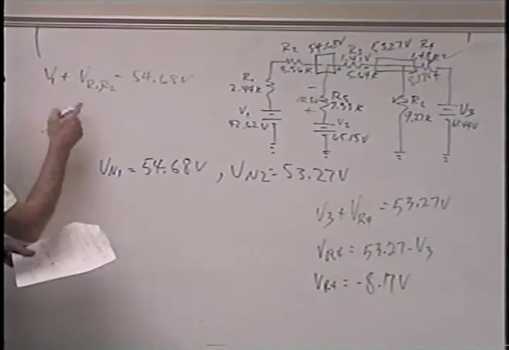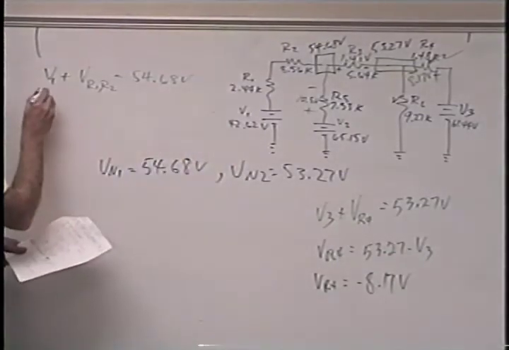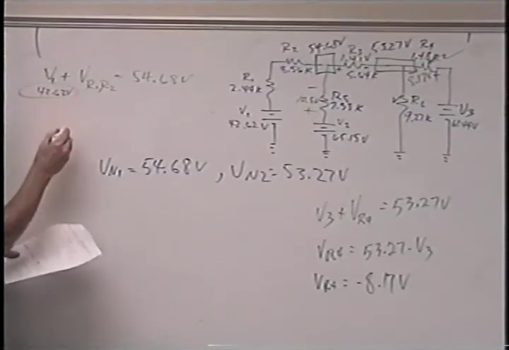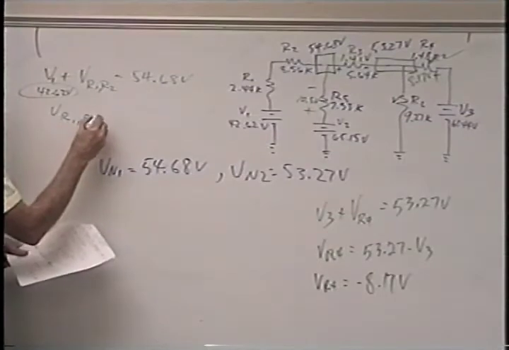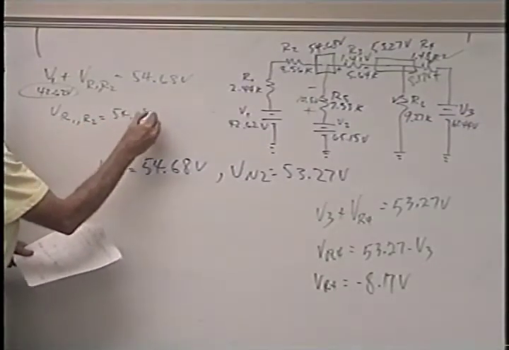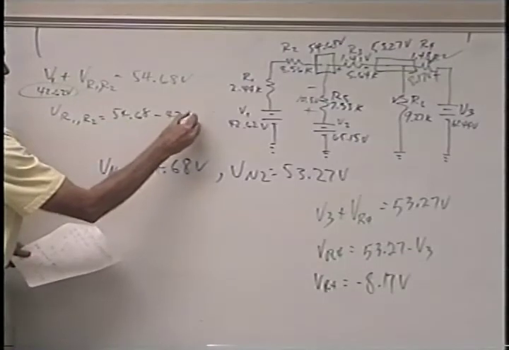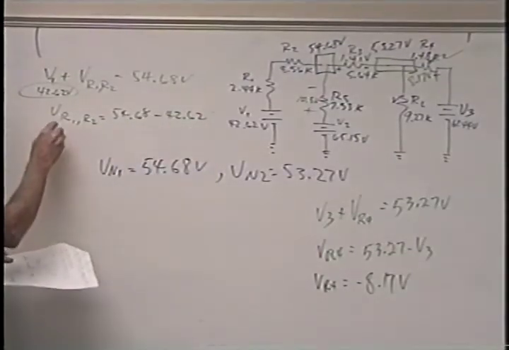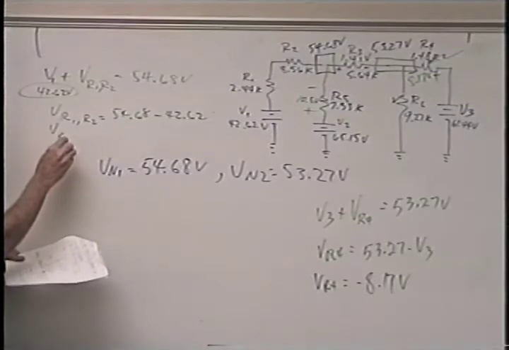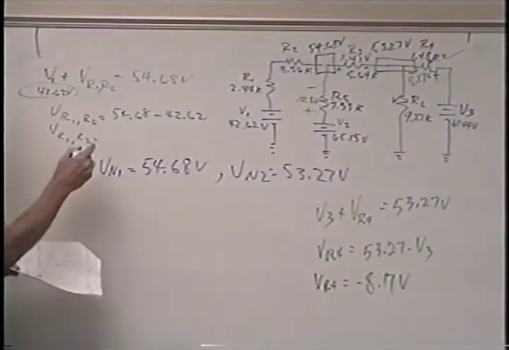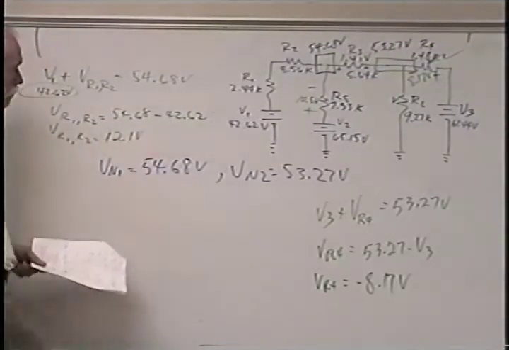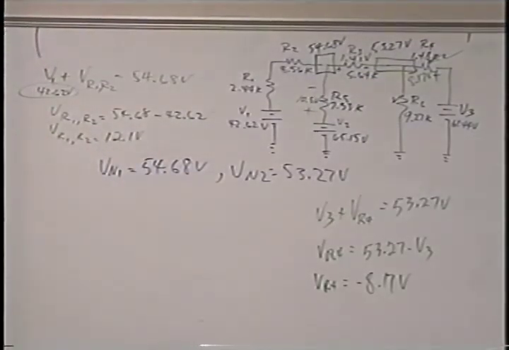So I've got 42.62 volts right here. So V across the combination of R1 and R2 is 54.68 minus 42.62. So the voltage drop across R1 and R2 combined is 12.1 volts. And I hope that when you do the arithmetic, you get the same thing I did.